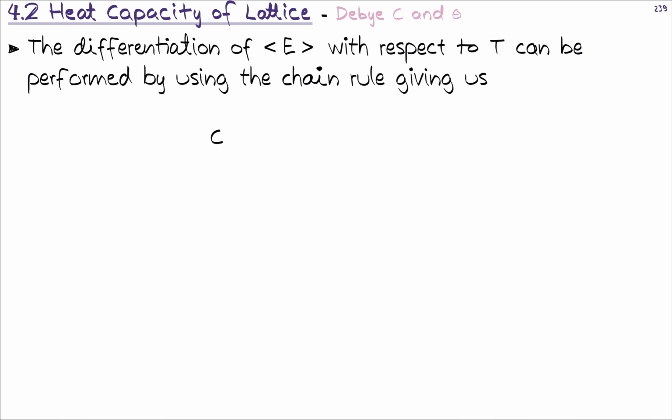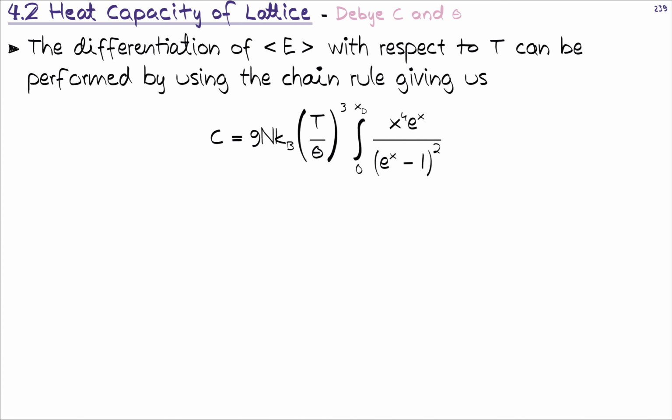And then finally, we get a heat capacity of the form 9 times N k_B T, and then we have the temperature T over the Debye temperature theta to the power of 3, and then we integrate the x variable from 0 to x_D, and inside the integral as an integrand, we have x to the power of 4 times exponent e^x divided by e^x minus 1 squared.